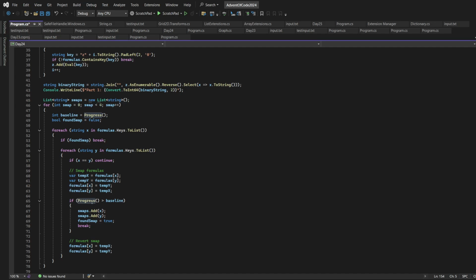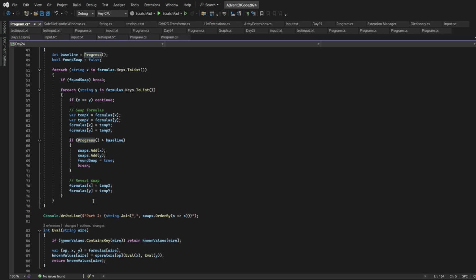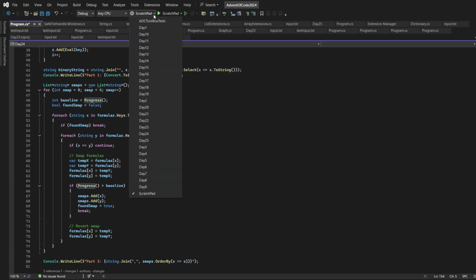So for instance, if we were at Z05 and we do a swap, then if the next stop is higher than 5, then that swap worked. So then we can break and try the next thing. And this method will work, and in the end we will have all the swaps.